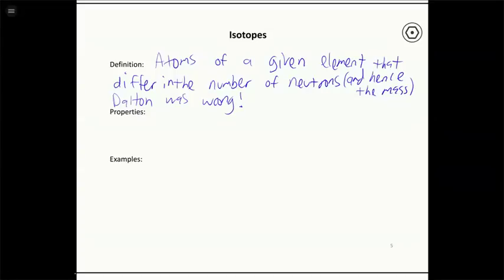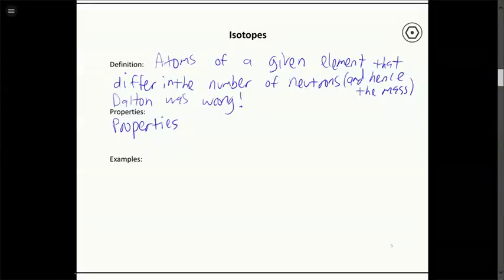And so let's talk about the properties of isotopes. Now, the reason that people didn't recognize isotopes existed for a long time is because the properties of two different isotopes of the same element are basically identical. As we'll learn in this course, most of the chemical properties are a function of the number of electrons and the locations of those electrons. So the nucleus doesn't really contribute to the chemical properties of an element.